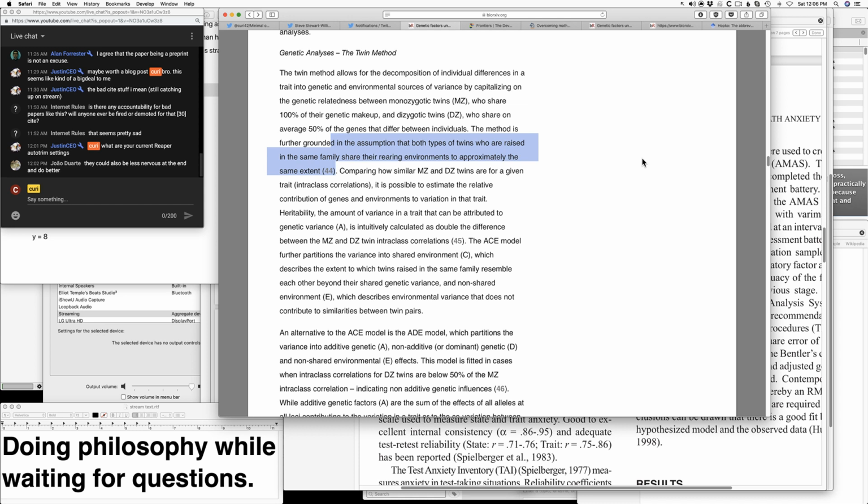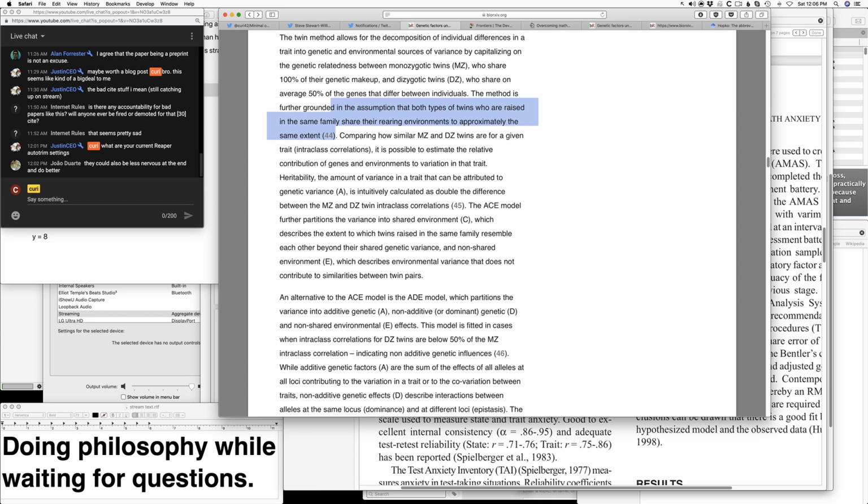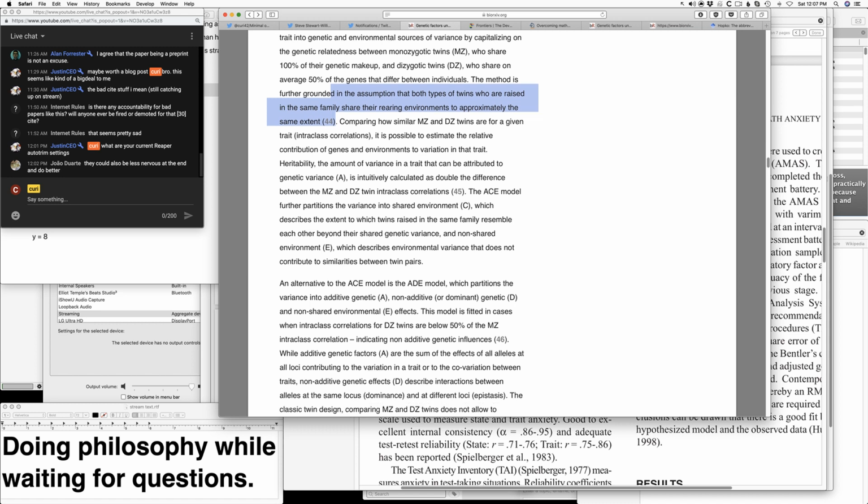Or they're in different classes and they have different teachers. You get significantly different environments. Or one is the parent's favorite and they get treated differently all the time. One gets bought more stuff than the other. One might be injured and then be treated differently.